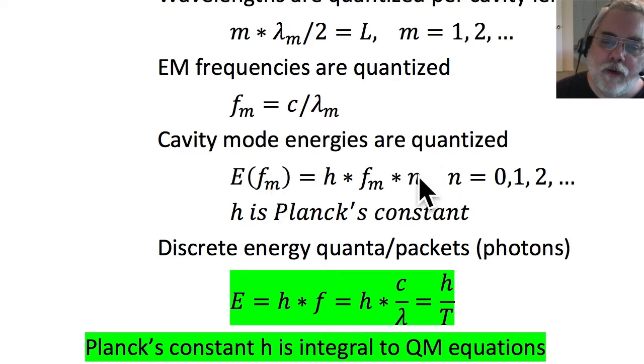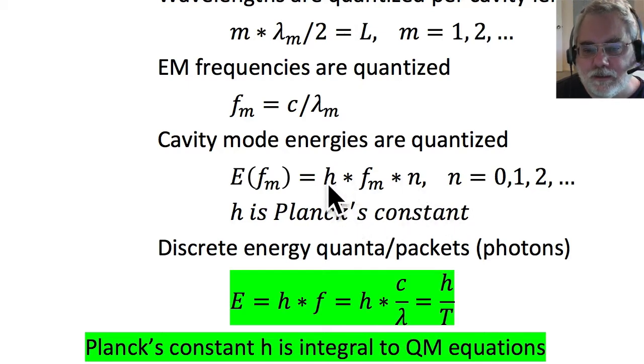It is some number n, 0, 1, 2, times a constant, little h, times the particular frequency that we're interested in. Those are the only amounts of energy possible in the cavity modes. He used little h as his constant in his 1901 paper, and 120 years later we still reserve little h for it. Now we call it Planck's constant.